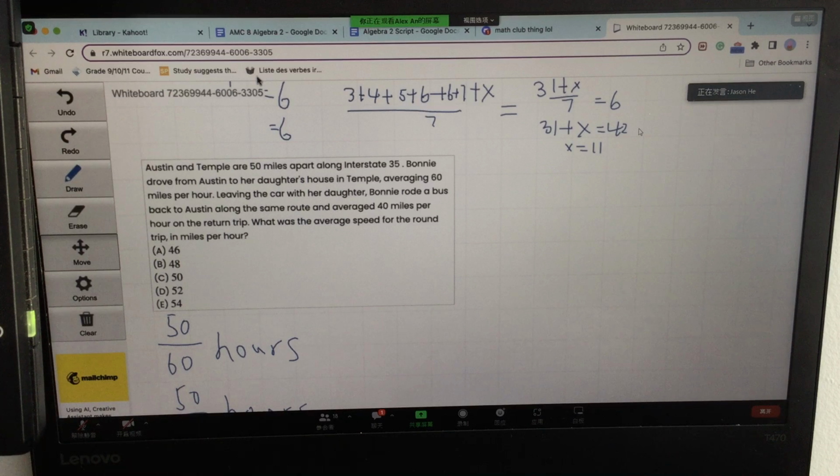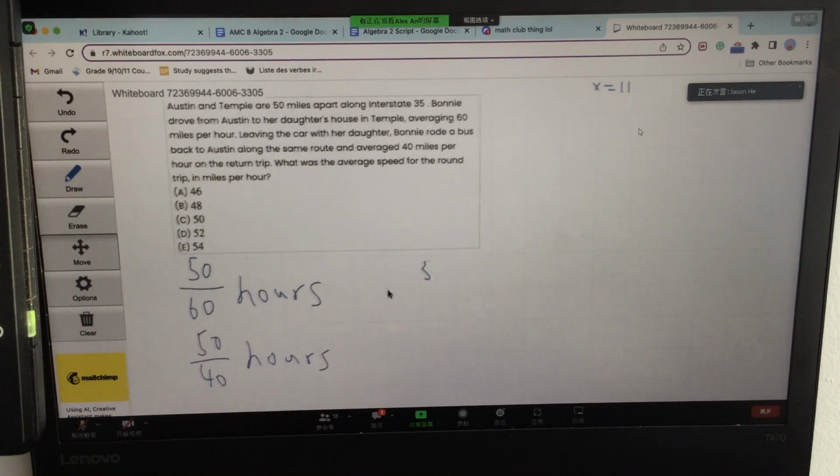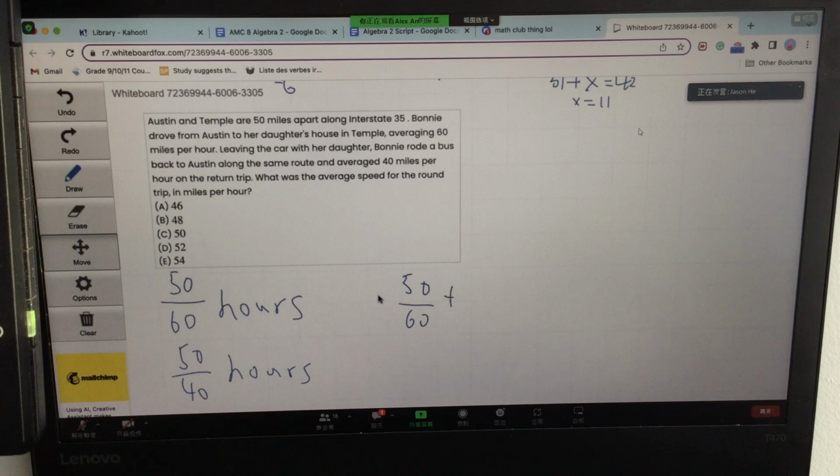And so the entire trip took 50 over 60 plus 50 over 40. That is the total time, which is equal to 25 over 12 hours. The total distance of the trip is 100 miles.